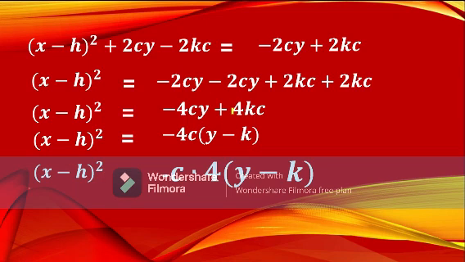That will go back to the original binomial here on top. So we have here (x - h)² is equal to negative c times 4 times the quantity of y minus k.